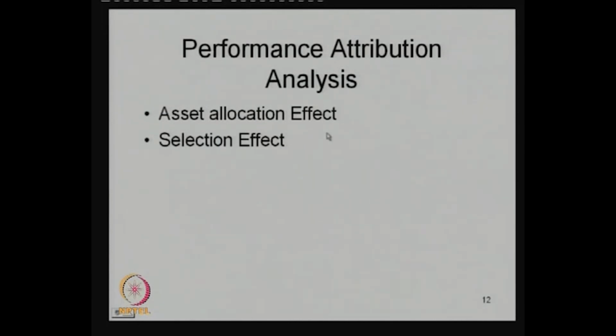Asset allocation means how much is in equity, how much is in debt, and how much is in cash, the risk free asset. Selection means within the equity which equity should be taken up, and within the bonds which bond should be taken up. Within cash, the return will be the same for everybody, so that is not our concern. Our concern is the equity and bonds we are going to take up for our portfolio.